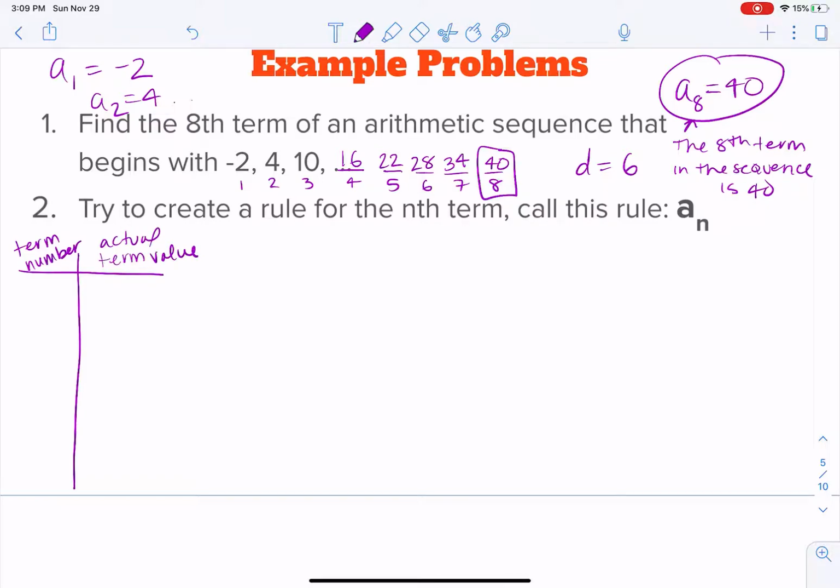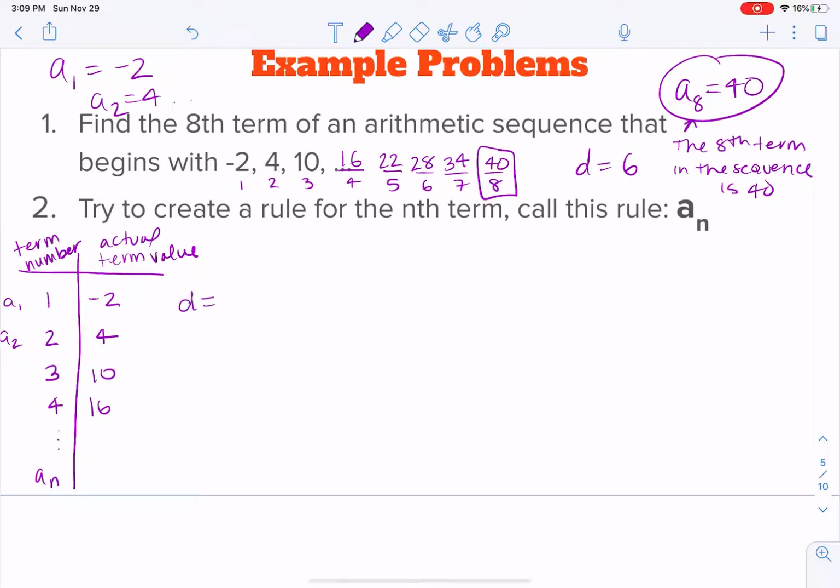So here I have 1, which we really know is A of 1, A of 2 is the second term, the third term, the fourth term, and so on and so forth. I'm looking for A of n. So the terms that I have here are -2, 4, 10, and 16.